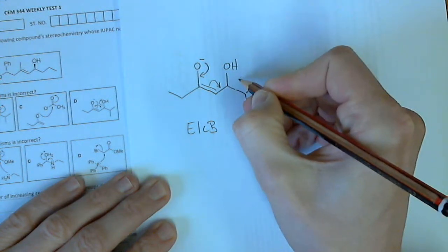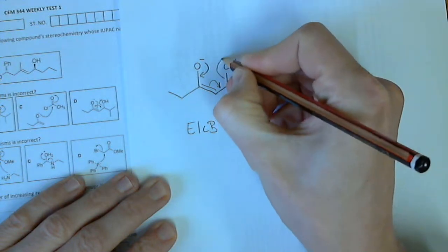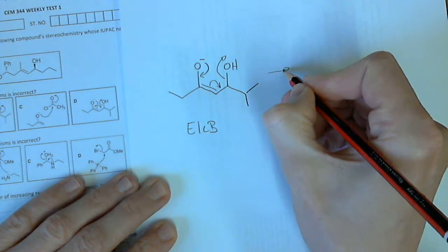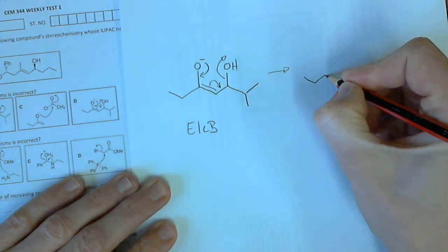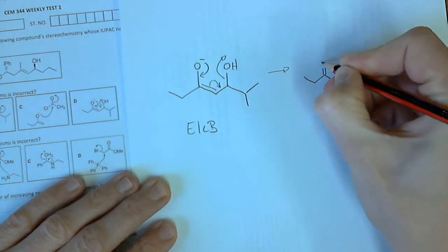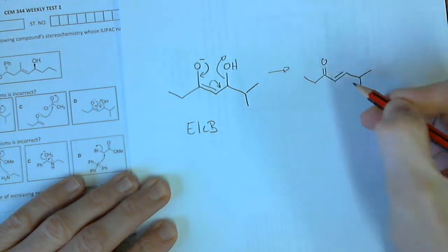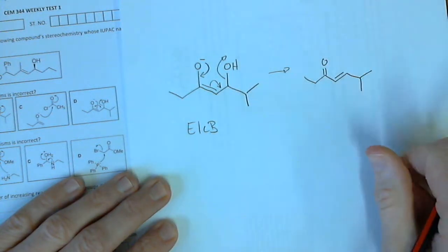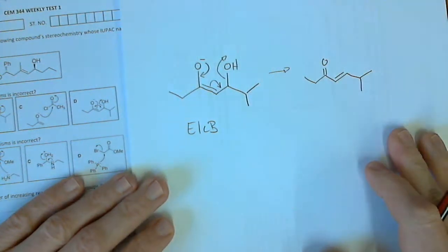A bond has to break. And it's okay. The OH can leave, although generally a bad leaving group. Once that happens, it's actually okay, and we don't have to worry too much. So the product we get looks like this. It's an alpha-beta unsaturated ketone. All right, so that sort of mechanism is perfectly acceptable and is correct.